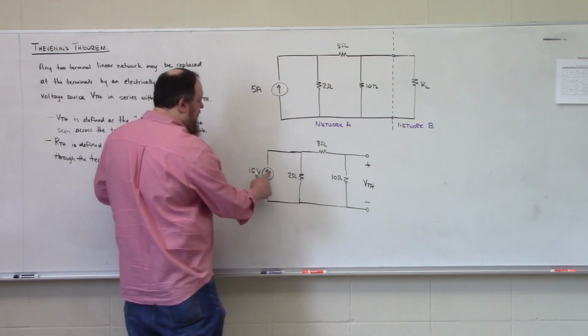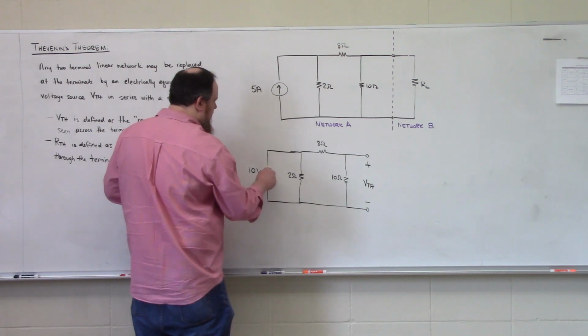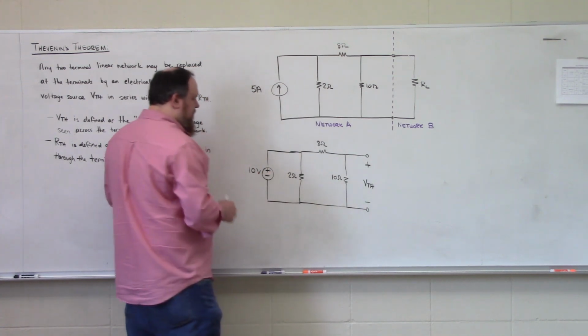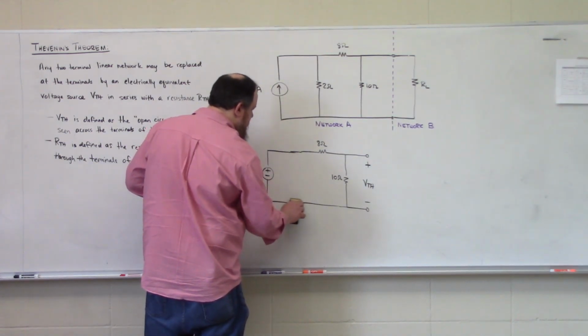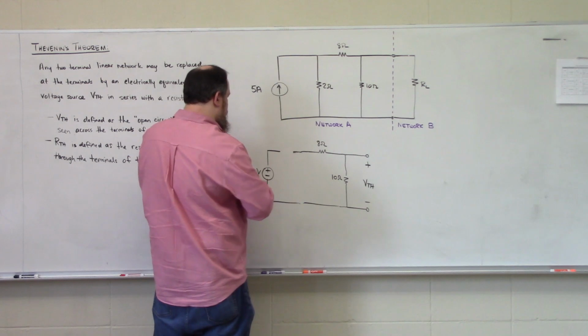Since the arrow is pointing up, I'm going to put the positive polarity terminal on top, negative polarity terminal on bottom. My 2 ohm resistance should be in series.